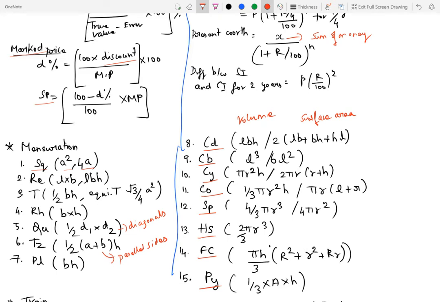So cube volume is L cube, surface area of cube is 6L squared. Likewise, similar for cylinder, cone, sphere, hemisphere. For hemisphere, frustum of cone, pyramid, I have listed only the volume. It is very necessary that you should not get confused between the terms of this formula.